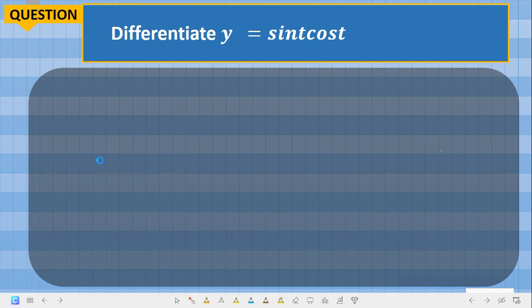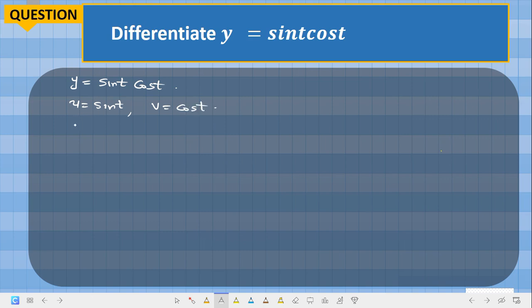Now the next question: if y is equal to sine t cos t, differentiate. So I can take it, let u be sine t and let v be cos t.